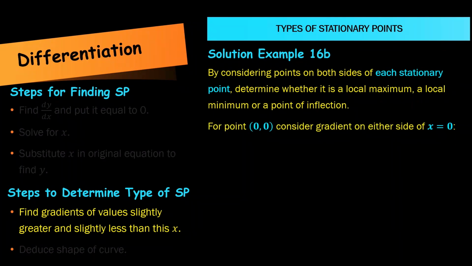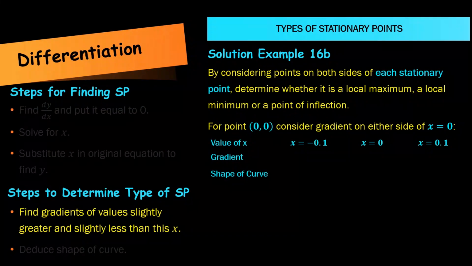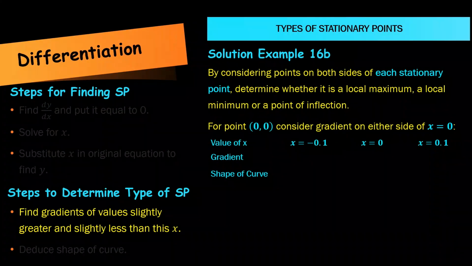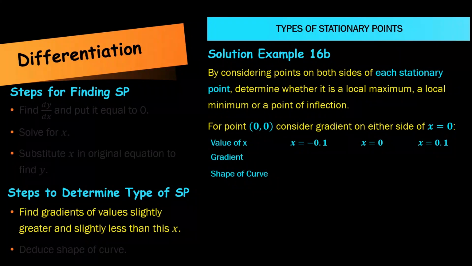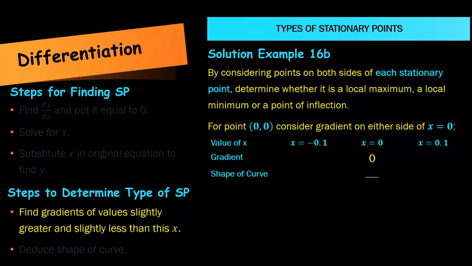The points we are going to consider are x equals minus 0.1 and x equals 0.1. We know that at x equals 0, we have a gradient of 0, and therefore this is a stationary point. So the shape of the curve is simply flat, as shown.